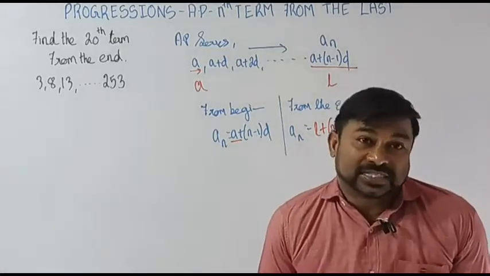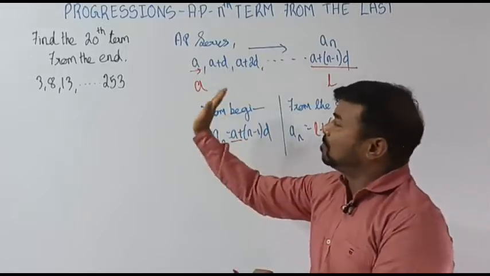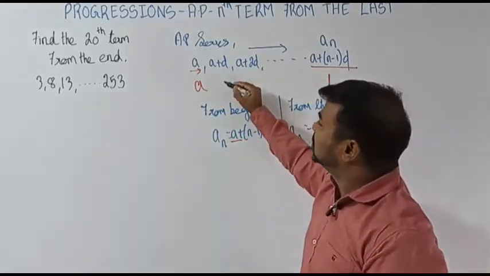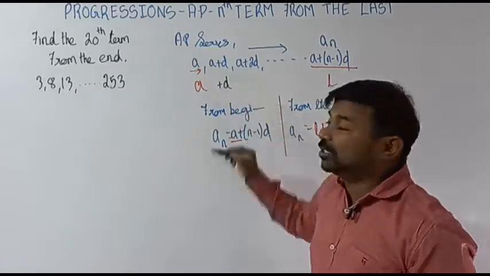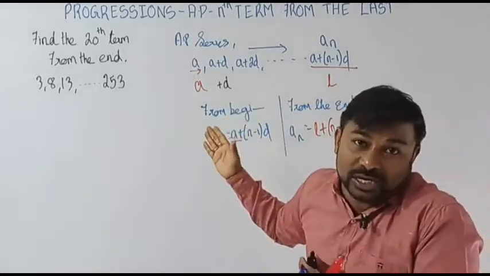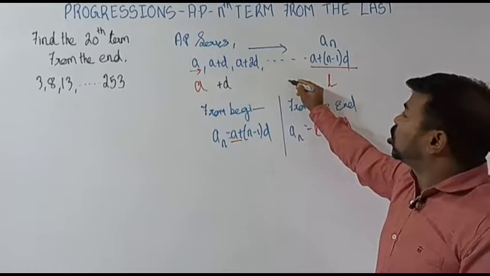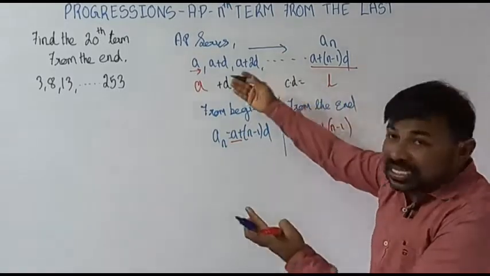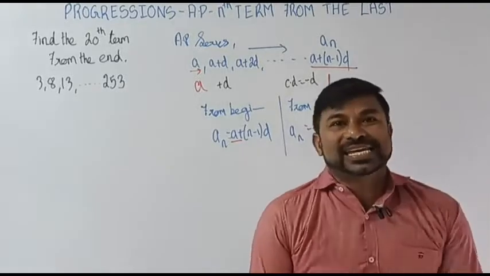Whatever the series might be, if we are moving from the beginning, the common difference is d, and it is positive. If we are moving in this direction, the difference is positive, but when we are coming in the reverse direction, always the common difference, as in this series, is minus d.